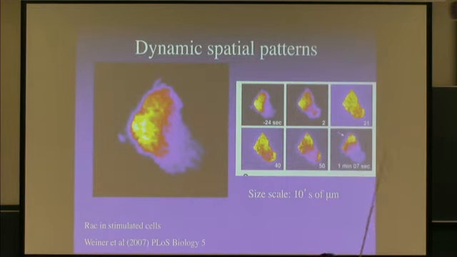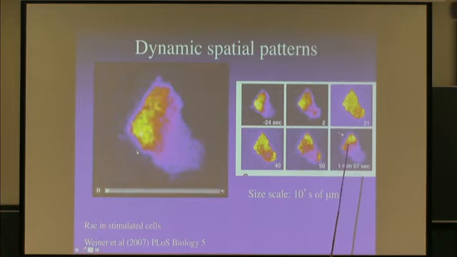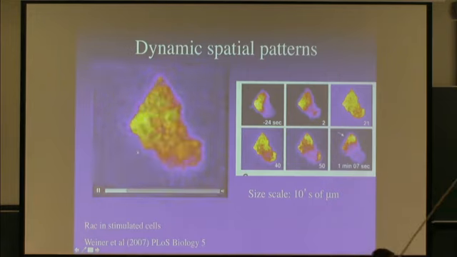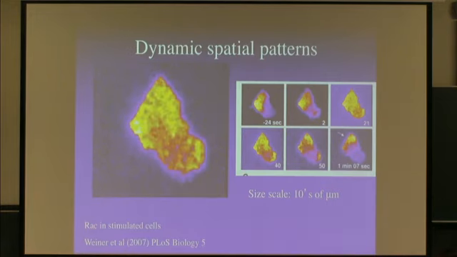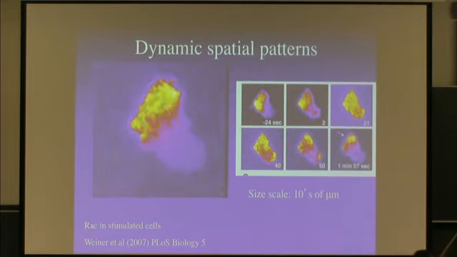Now, the other beautiful thing is that we also have experimental work that shows that these are dynamic patterns. In fact, you see wave-like dynamics. And some of these GTPases, like RAC, this is work from the lab of Orion Weiner.